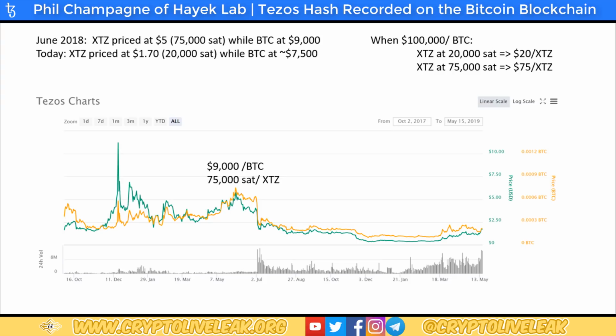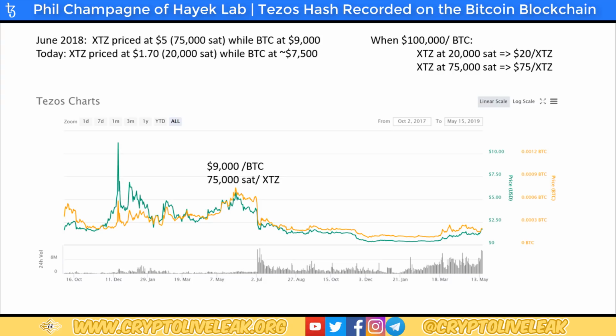But just to give you a perspective, if Tezos was at 75,000 satoshis rather than roughly 20,000 or 22,000 right now, then the price of Tezos today would be roughly the equivalent of $5 or close by.